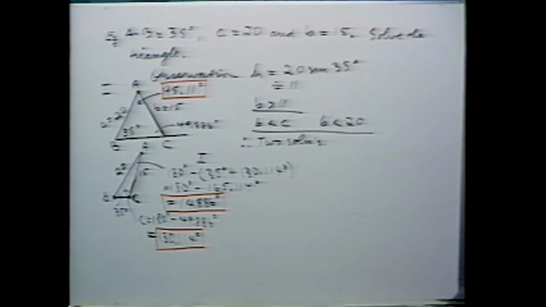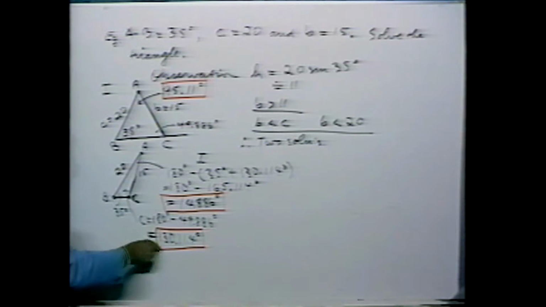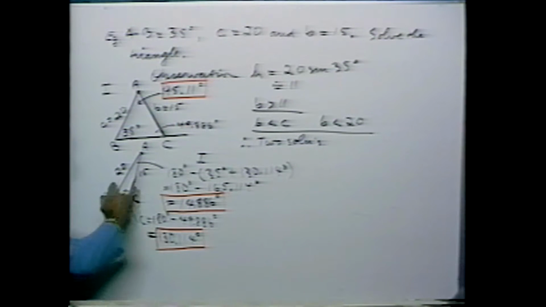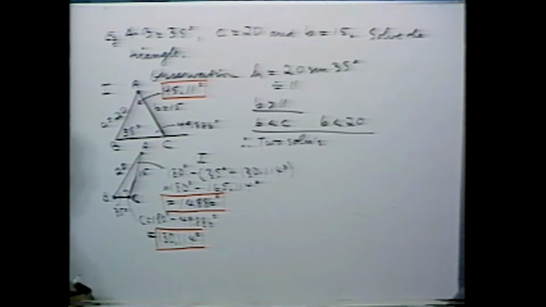So what remains to solve for? We have the three angles, 35 degrees given, and now these two. We have the two sides, and so what remains is simply to find what a is.